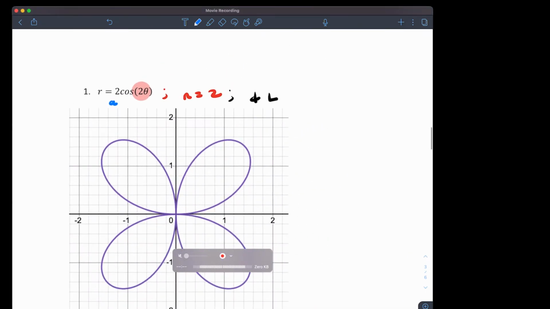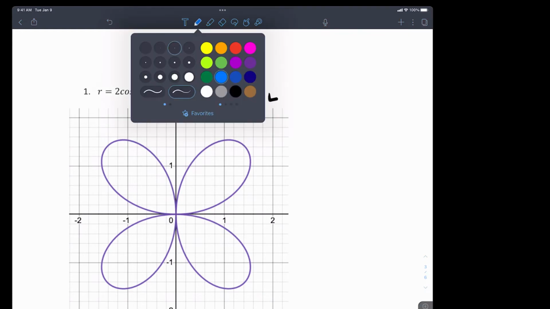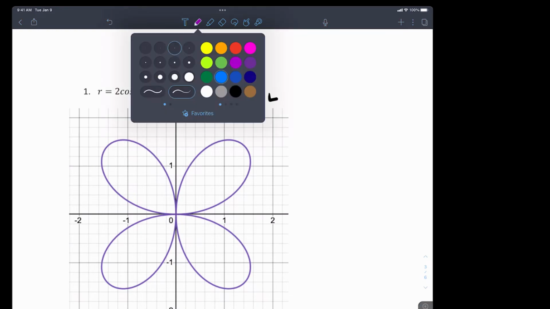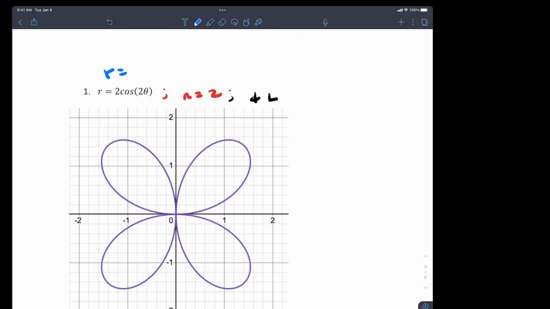Now you might say, how do we start to graph these? Same way. First of all, you graph r equals 2 cosine 2 theta. Remember about the period, though. What's the period? 2 pi over 2.